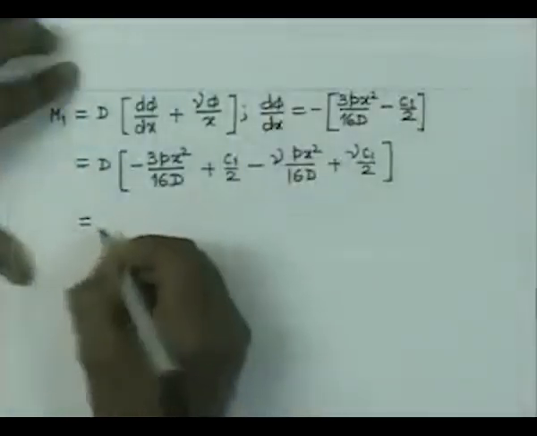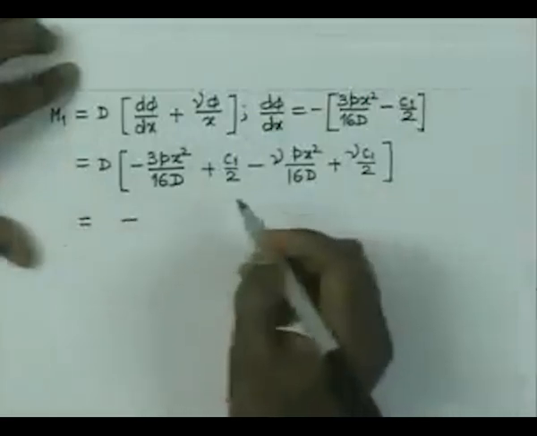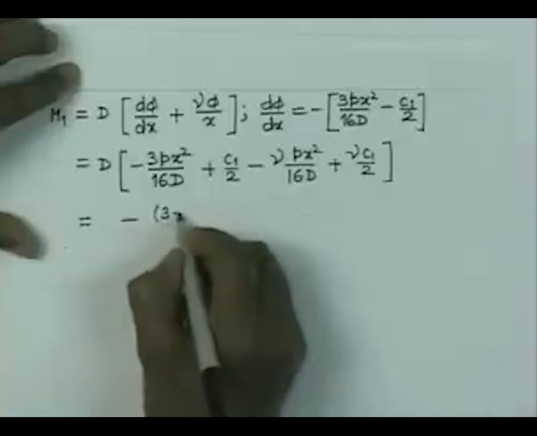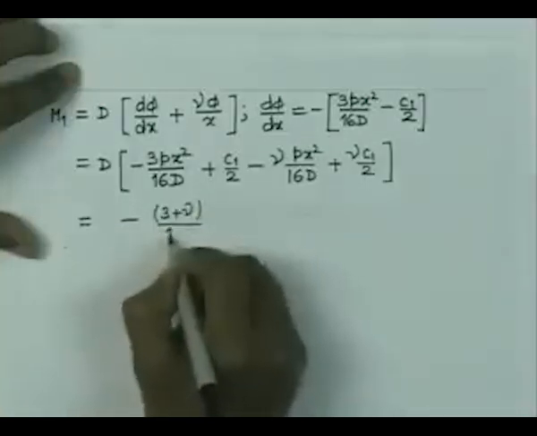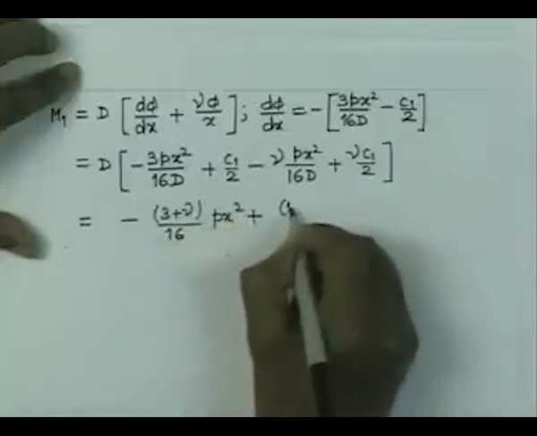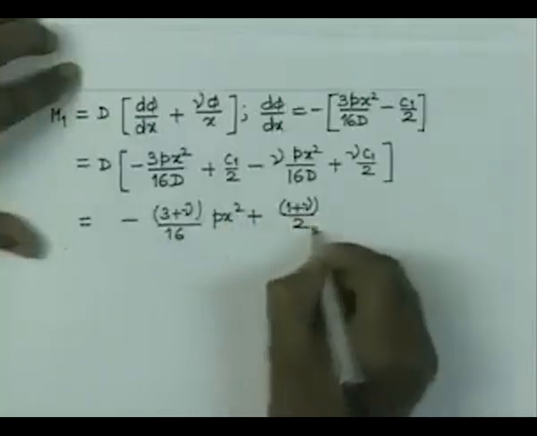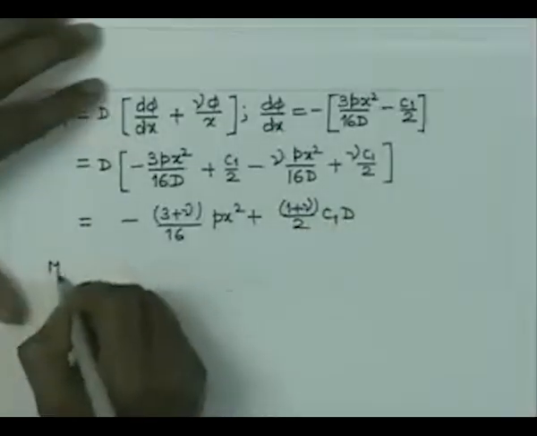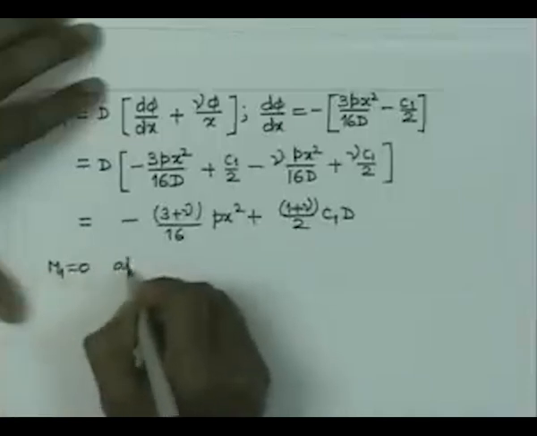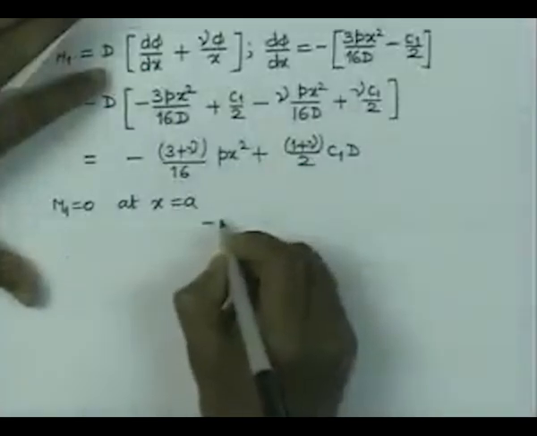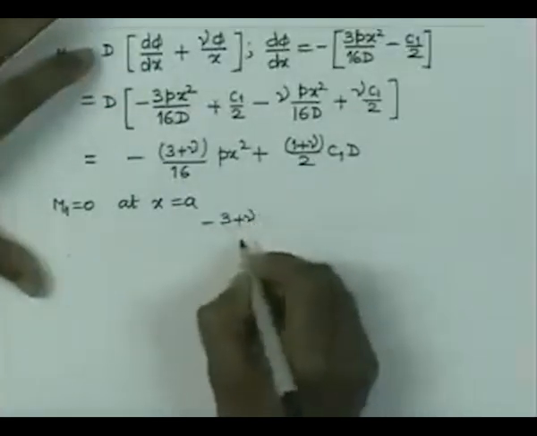Since m1 is equal to 0 at x is equal to a, this of course we can write in a neater form, because this D is going to cancel for these two terms. So, therefore, we can write now 3 plus nu by 16 p x square plus 1 plus nu by 2 C1 into D, and since m1 equal to 0 at x is equal to a, we now get equation involving C1 like this.